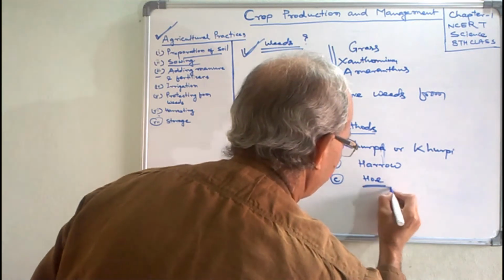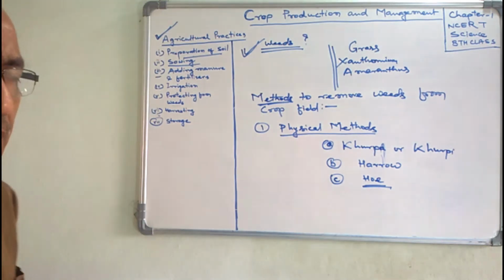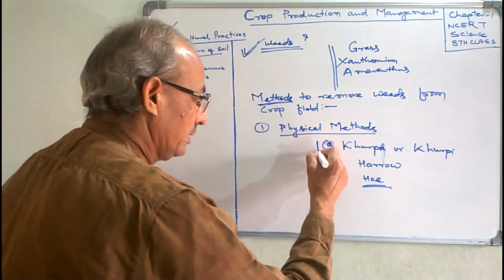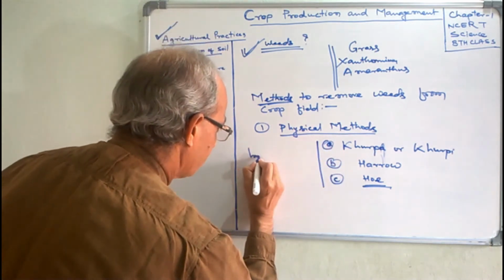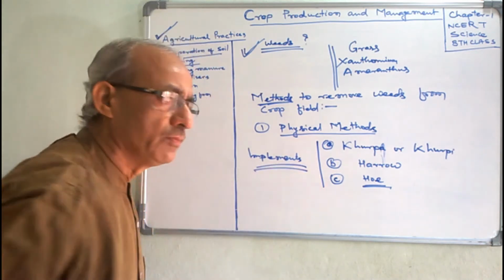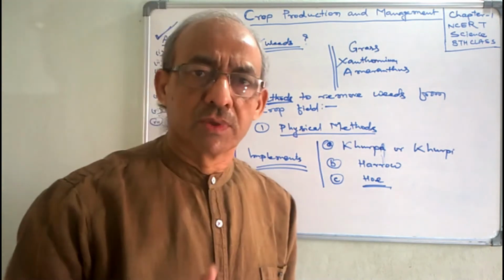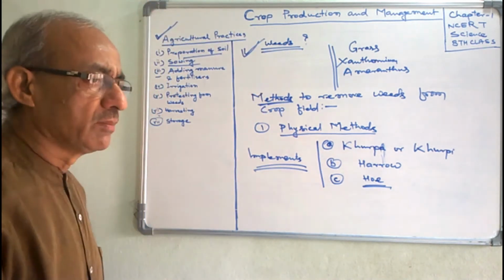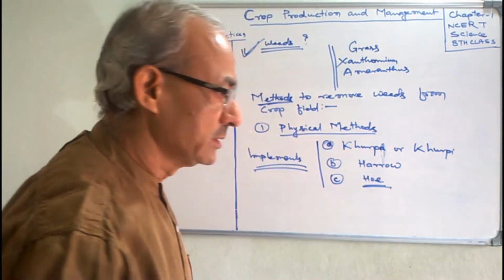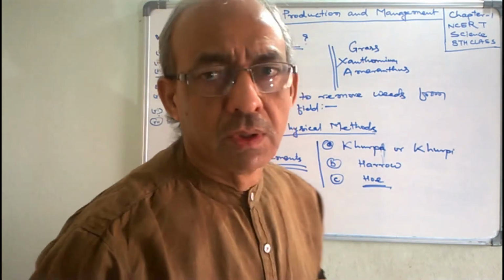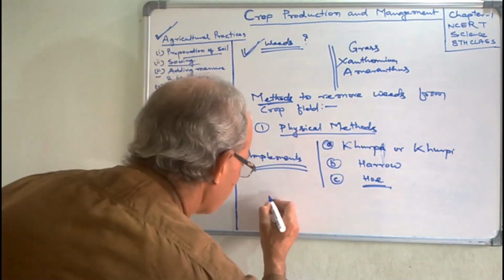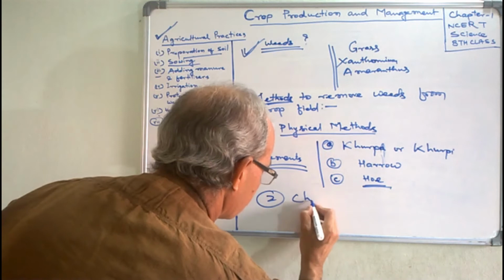Regarding hoe, we have already discussed the structure of hoe in the last session. These are the agricultural implements which are mainly used to remove the weeds from the crop fields by physical methods. Manually, the laborers or farmers use these implements to remove the weeds from the crop fields. And the second method is chemical methods.